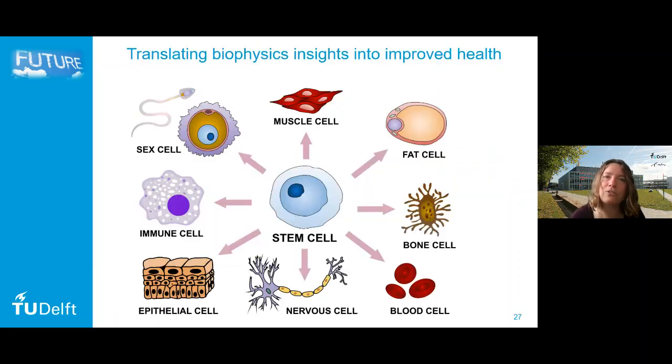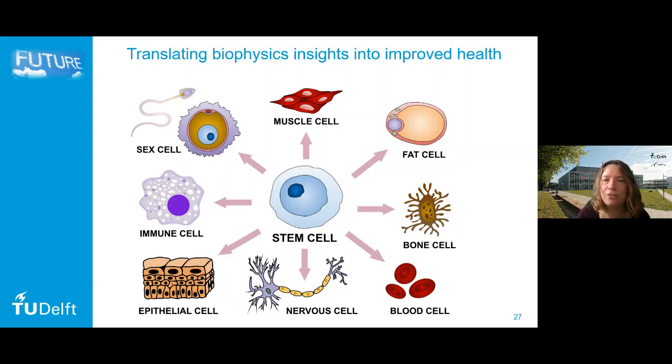But of course, there are also directions that are more closely related to biomedicine. So we are also interested in the question if we can use fundamental nanobiology and biophysics to improve human health. And one area where I think we can make a difference is in the area of using stem cells for tissue repair.